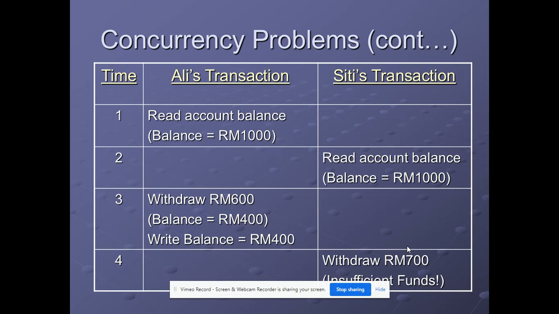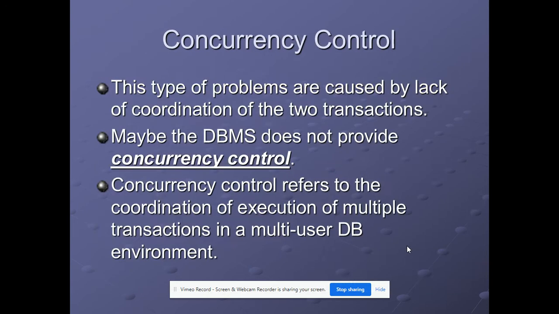So the database management system should deny access to one of the users depending on what they are doing on the database, whether it's reading the amount or making an entry into the database. So maybe the database management system does not provide concurrency control.